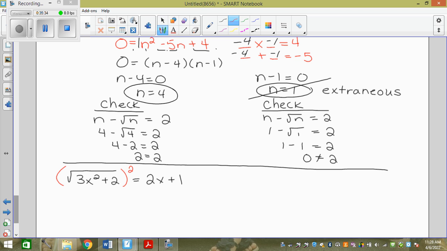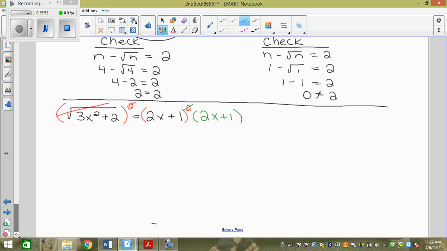When I square a square root, what happens? It cancels. When I square a binomial, what should I do? Cross off the 2 and rewrite it.